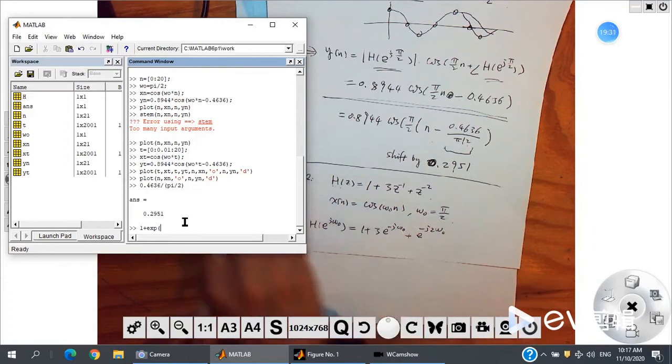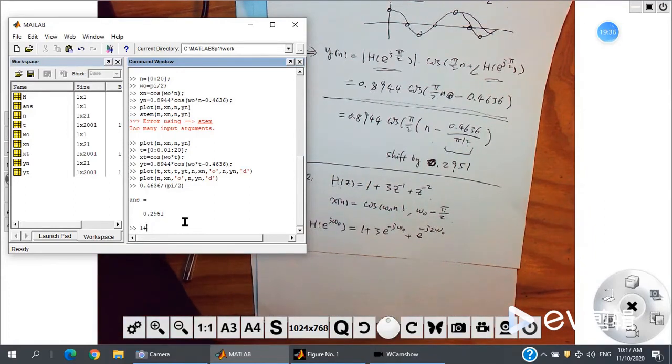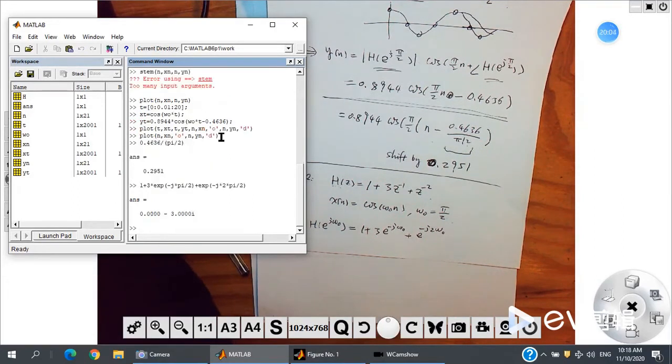So this is 3 times exponential with negative j times omega 0, which is pi over 2, plus another exponential with negative j times 2 times omega 0.